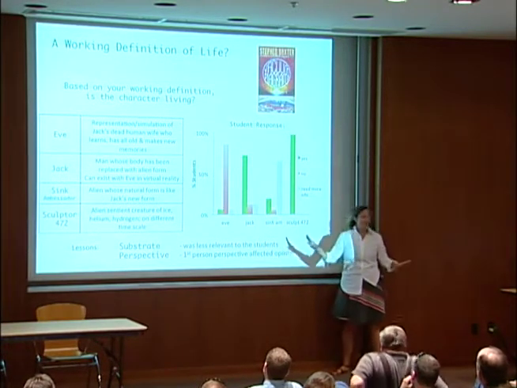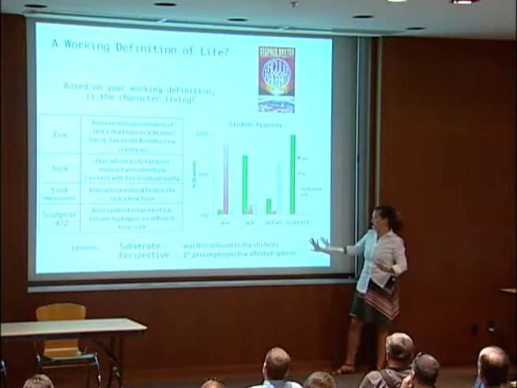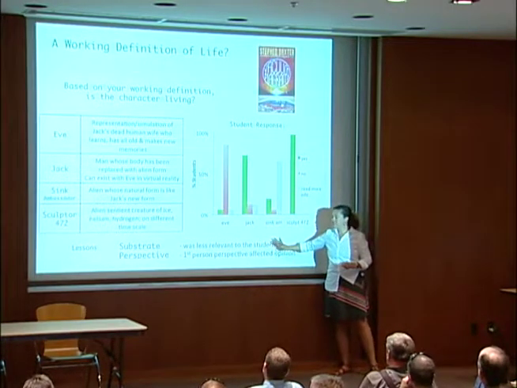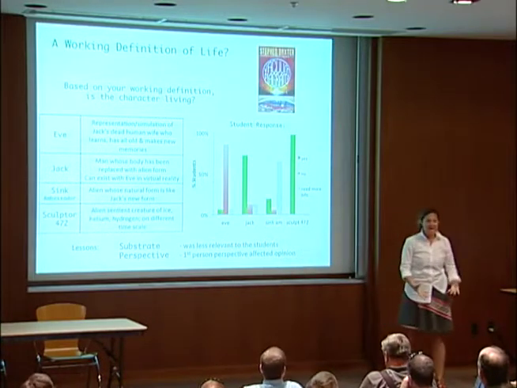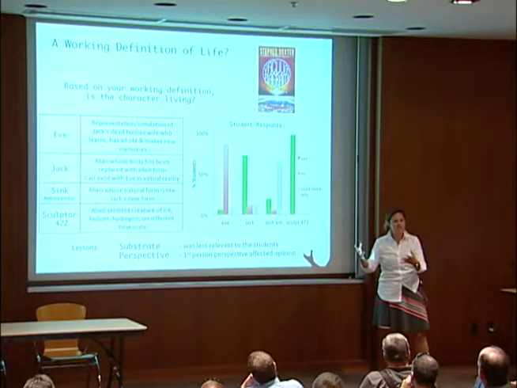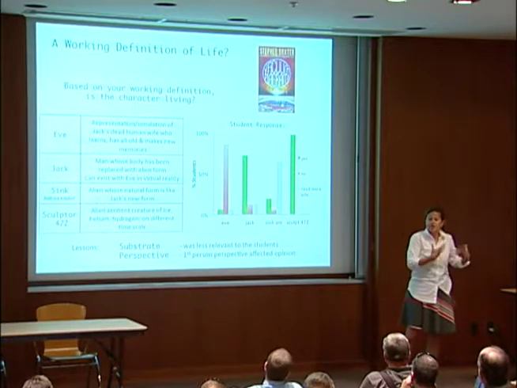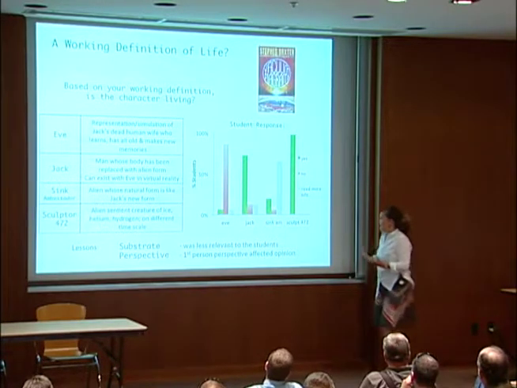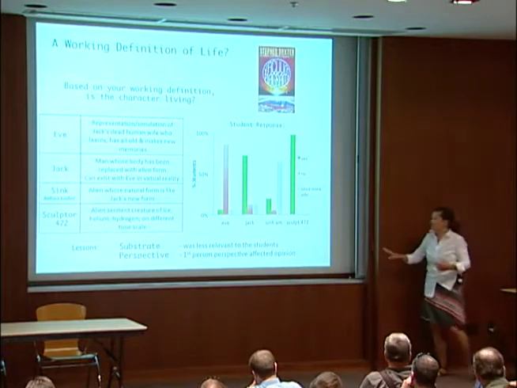And without a doubt, the students say, that character is alive. So substrate, the physical matter. And I think this is really important. Once you get beyond that, it becomes easier to see how artificial intelligence could possibly gain a human-like status. And you'll see another example here in a second as well. But it also creates a problem, right?